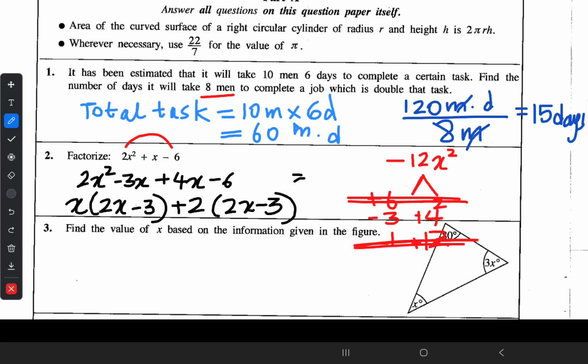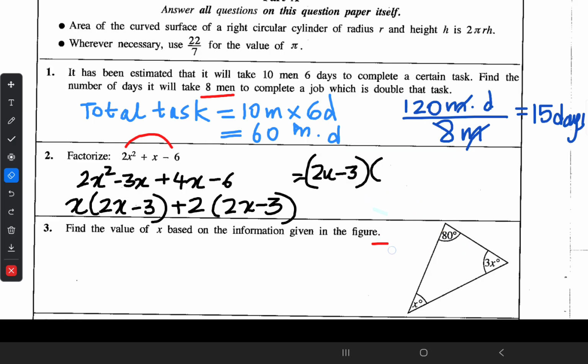Finally, both have the factor 2x minus 3, so I will write that one: 2x minus 3. The coefficients, x and plus 2, would be the next binomial factor, x plus 2.